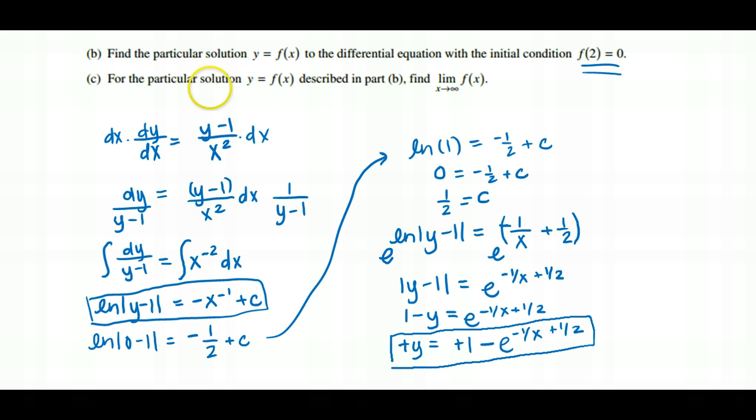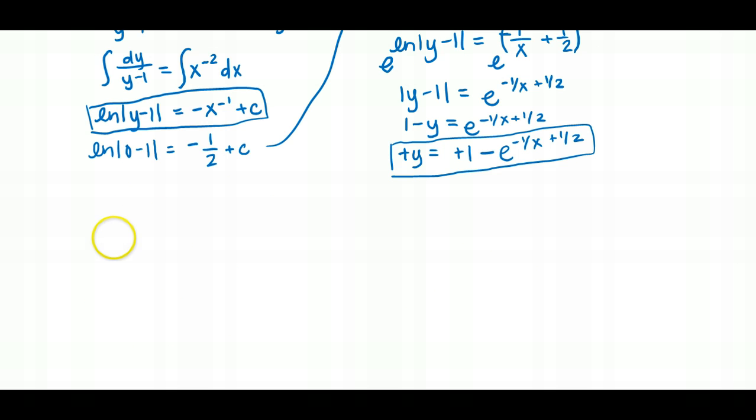And then finally, for the particular solution you found in part B, find the limit as x approaches infinity of f of x. So here's y, or f of x, and we want to evaluate this limit at infinity here. So I want the limit as x approaches infinity of the function I just found, 1 minus e to the negative 1 over x plus 1 over 2.